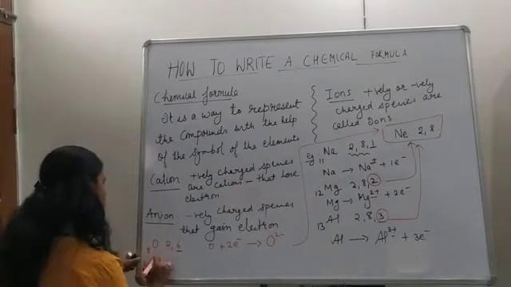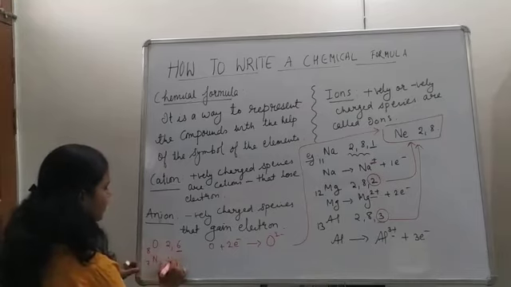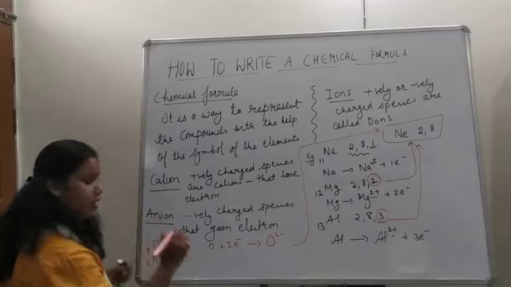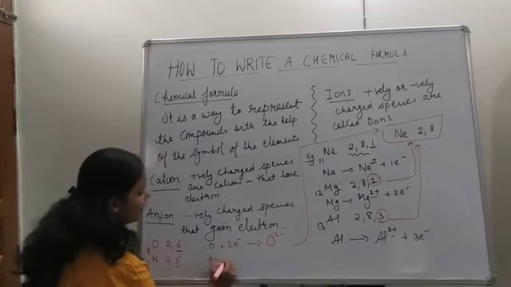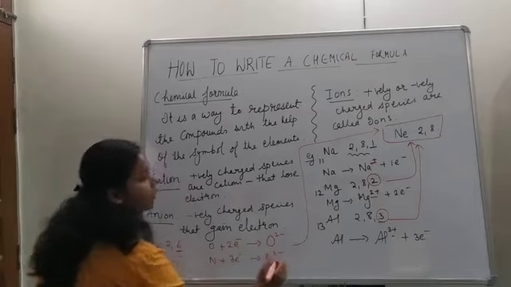Like nitrogen, which is having atomic number 7, it is 2, 5. So how many electrons it will require? 3 electrons. So nitrogen will gain 3 electrons and form N3-.